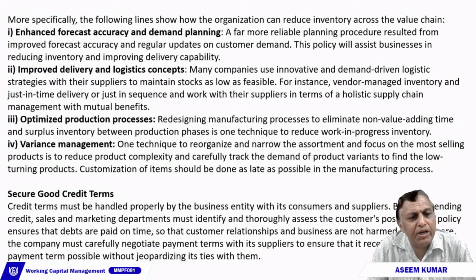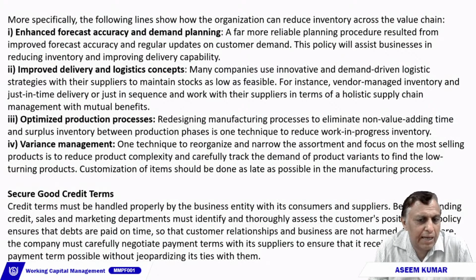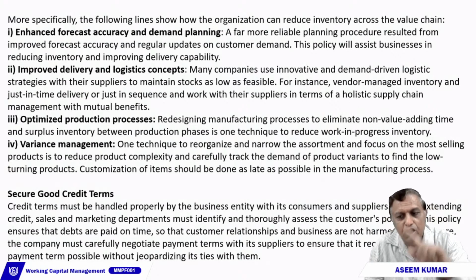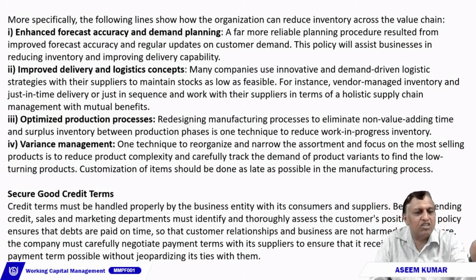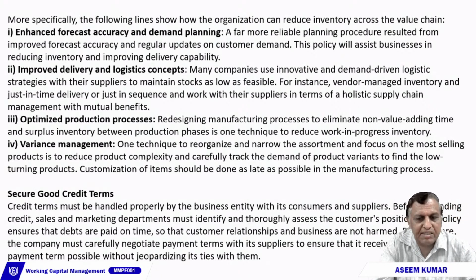The second part is to secure good credit terms. Credit terms must be handled properly by the business entity with its consumers and suppliers. Before extending credit, the sales and marketing department must identify and thoroughly assess the customer's position. This ensures the debts are paid on time so that customer relationships and businesses are not harmed. Furthermore, the company must carefully negotiate payment terms with its suppliers to ensure that it receives the longest payment term possible without jeopardizing its ties with them.